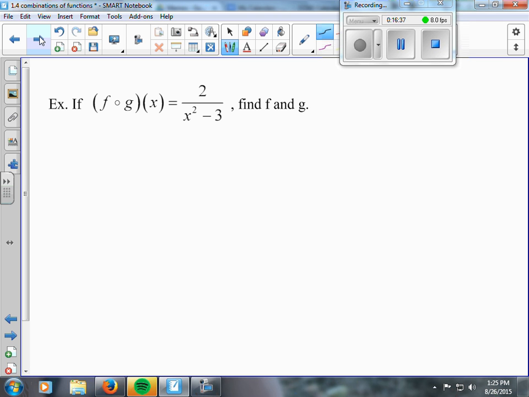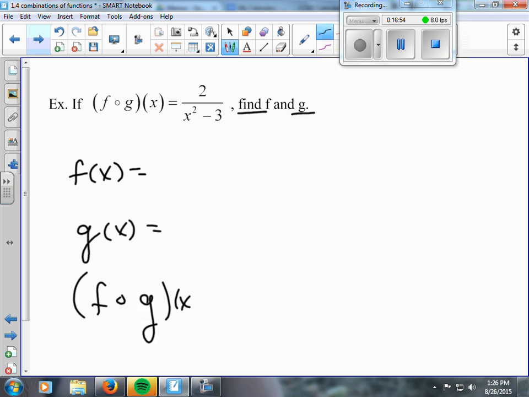And now the question is, what were the two original functions? What were f and g? What was f of x and what was g of x if, when I plugged g into f, I got 2 divided by x squared minus 3?